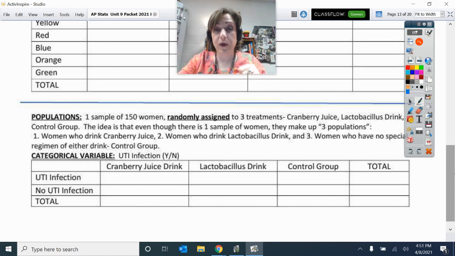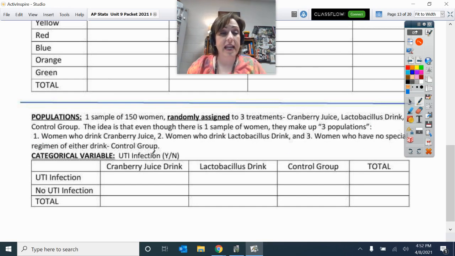The population of women who drink cranberry juice, the population of women who drink this lactobacillus drink, and the population of women who drink whatever mixture of drinks they typically have. So the idea is that even though there's one sample, they are making up 3 different populations of the types of drinks.